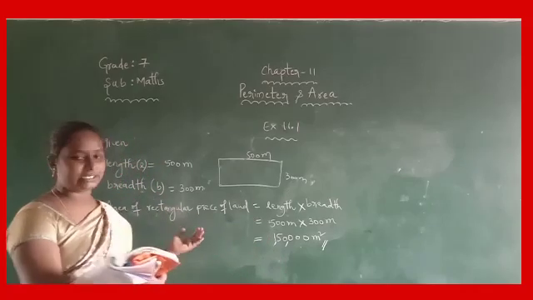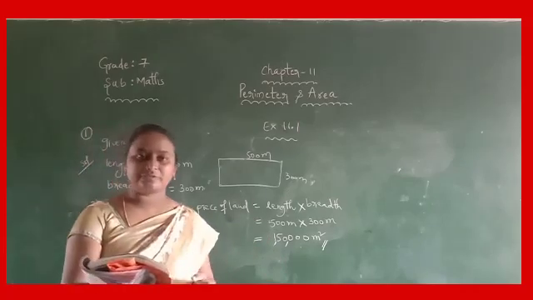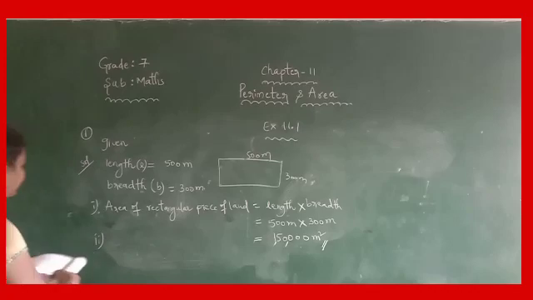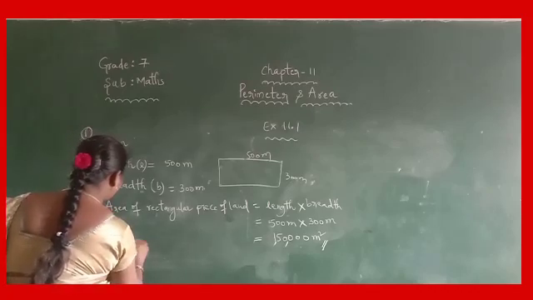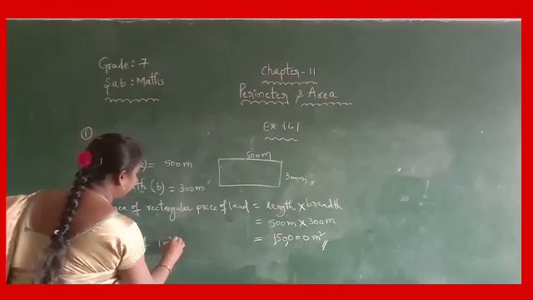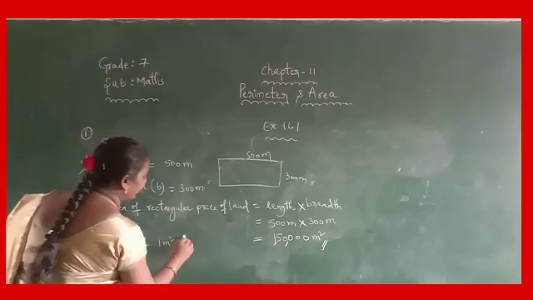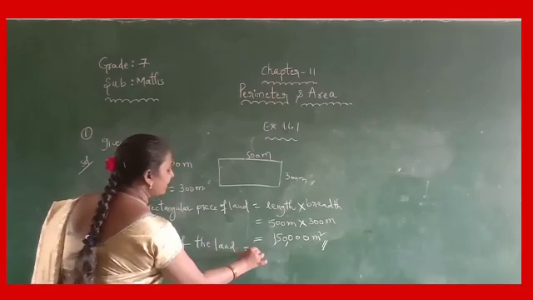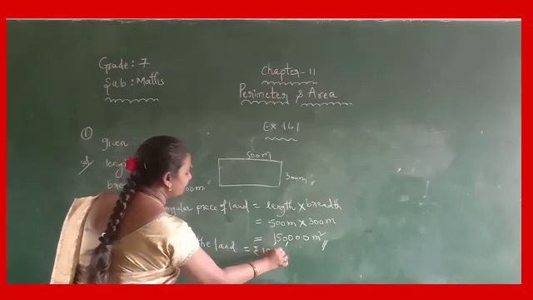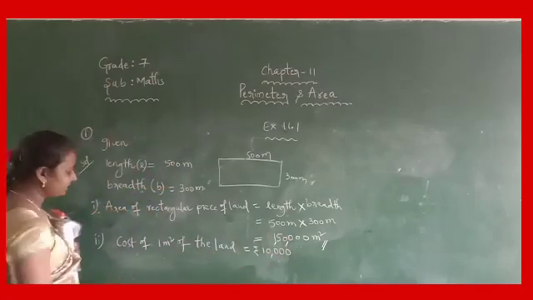How much cost does it take? So that one we have to write here. Here write the cost of 1 meter square of the land. Cost of 1 meter square of the land is 10,000 rupees.